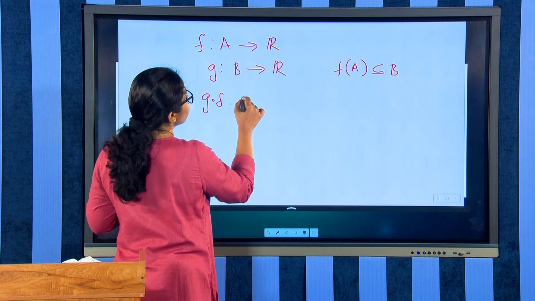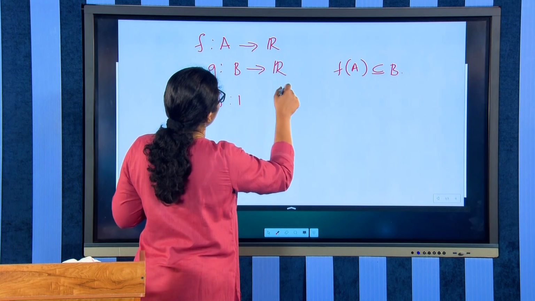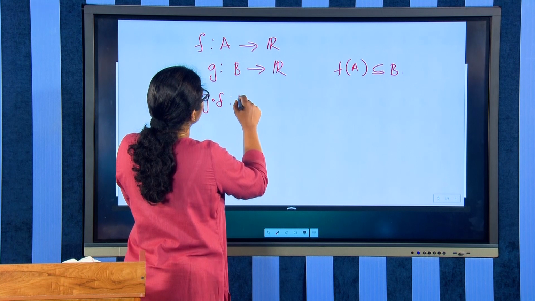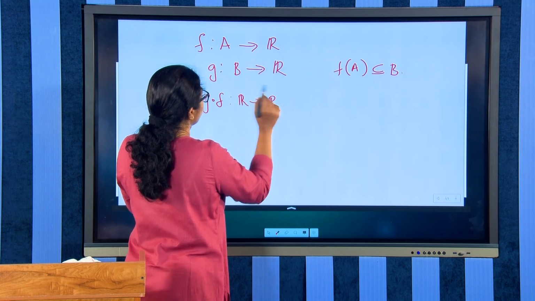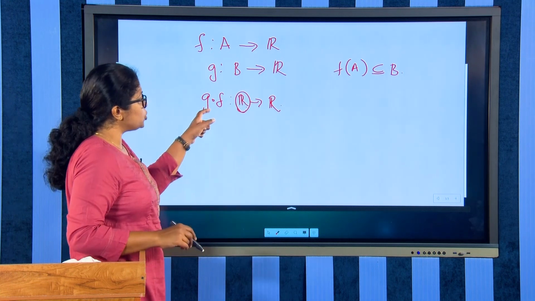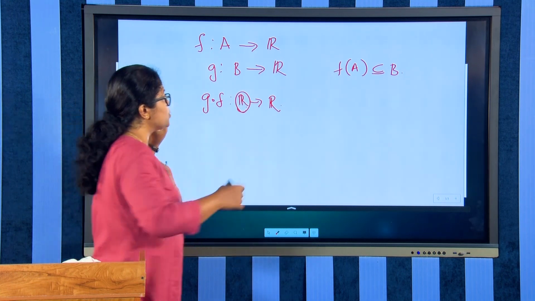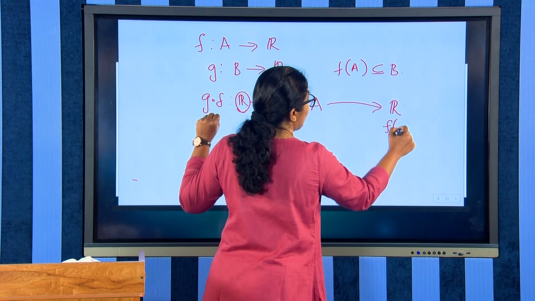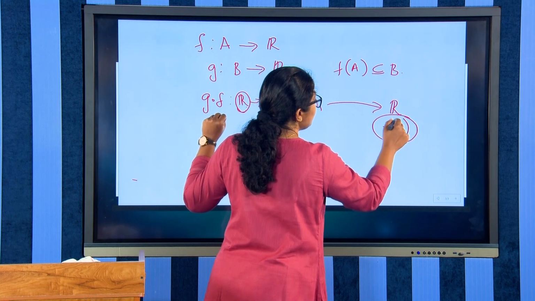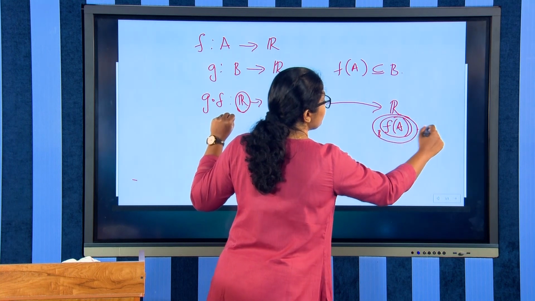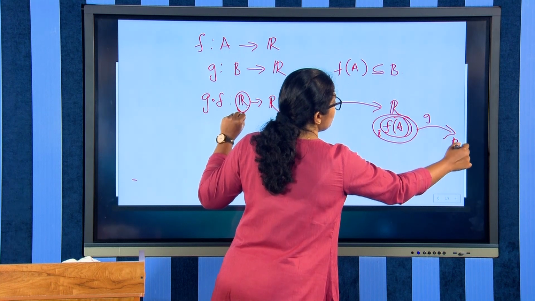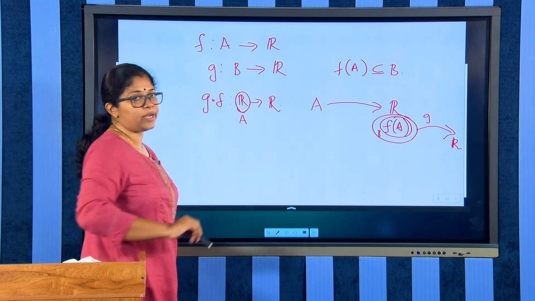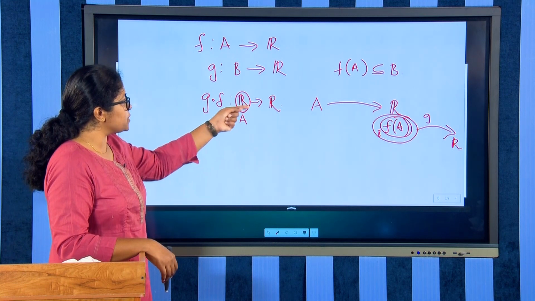We have A to R, where f of A is contained inside B, and g is defined from B to R. So, g composition f is a function from A to R itself, because f is defined only for A.